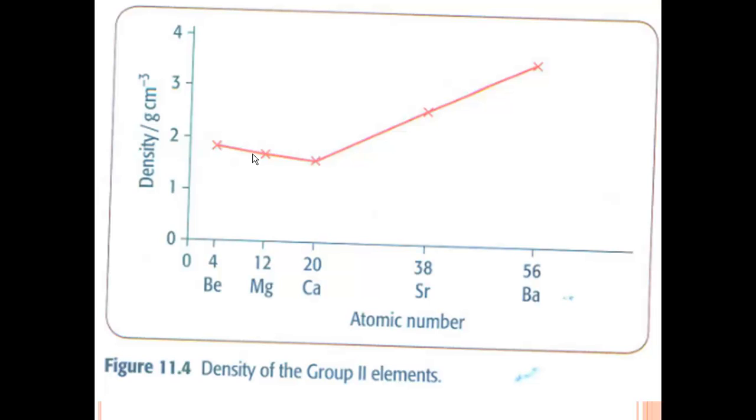So the volume is increasing at a greater ratio than the mass comparatively between beryllium, magnesium, and calcium. But since you get into the d orbitals after calcium, the mass is getting larger.